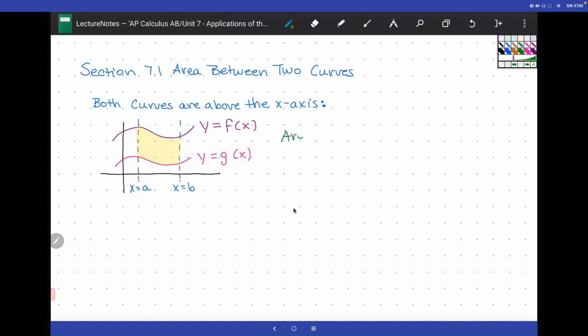So the area is the area between the x-axis and f of x minus the area between the x-axis and g of x.